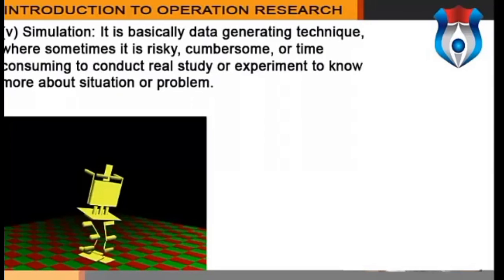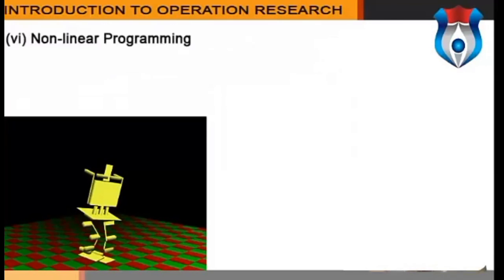Simulation. It is basically a data generating technique, used where it is sometimes risky, cumbersome or time consuming to conduct a real study or experiment to know more about a situation or problem. Non-linear programming. These models may be used when either the objective function or some of the constraints are not linear in nature.